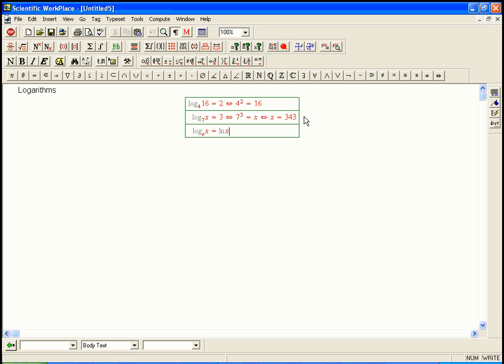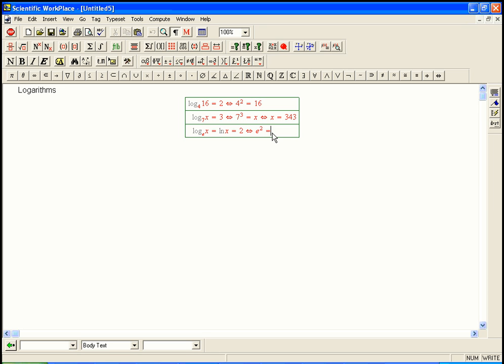So suppose somebody says that ln of x is equal to 2. What does that say about x? Or another way to say it is, can I solve for x? What is this mystery x? Well, that says that the number I would have to raise e to in order to get x is 2. So I'll go ahead and raise e to the 2.